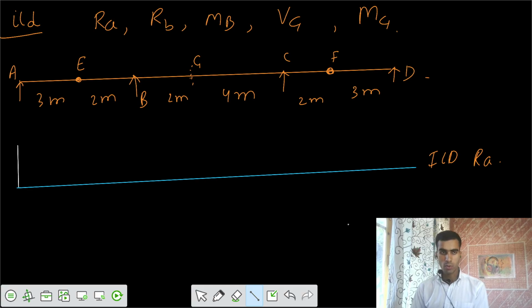Let's say this is support B, this is the hinge, and this is support A. You remove the support and apply a unit displacement at that point. So the profile should be in this way, but you have to ensure that point B does not go anywhere.